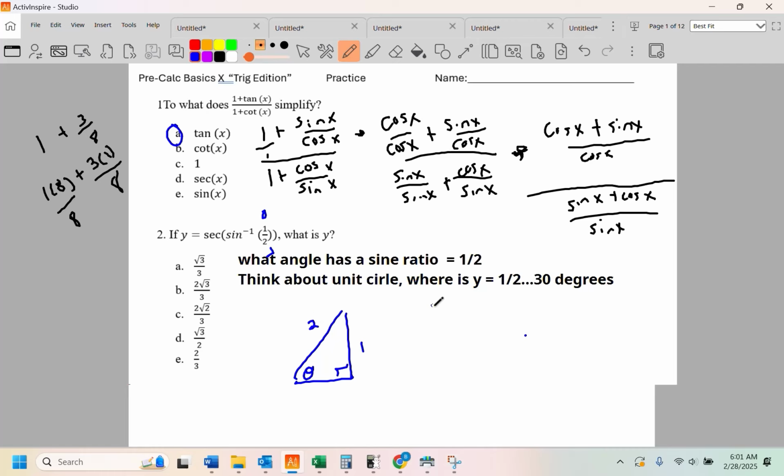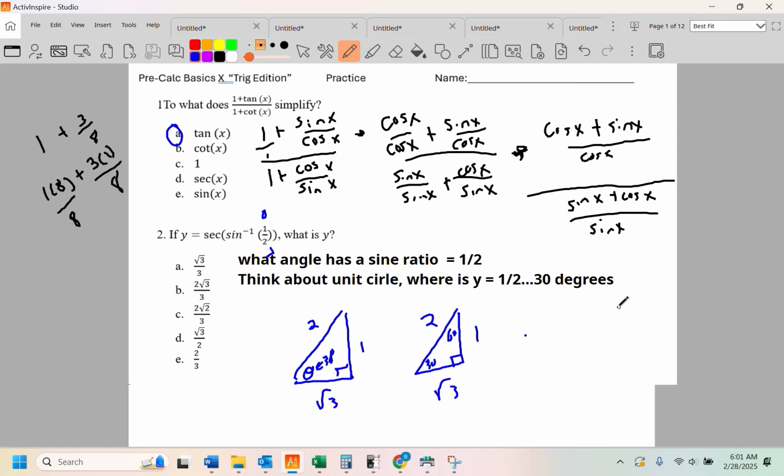If you think about your 30, 60, 90s, it's going to root 3. You're supposed to realize, hey, that this is 30 degrees, all right? So anyways, you would fill out the rest of the triangle. And either way, you kind of need that pattern to do this problem to some degree.